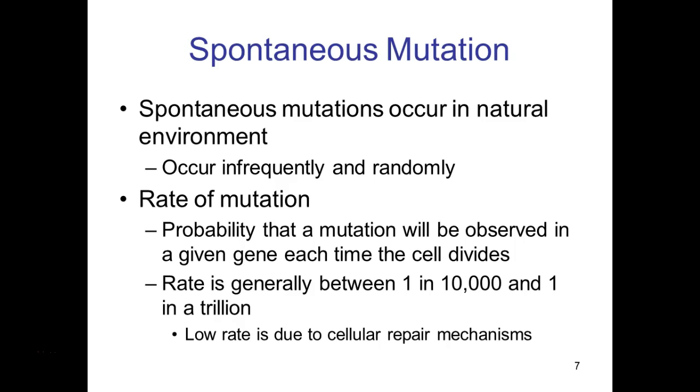And one of the main reasons why the rate is so low is because all cells have cellular repair mechanisms for DNA. Because that's important stuff, right? You don't really want mistakes there. So why isn't it a perfect system? Why don't we never have a mistake?